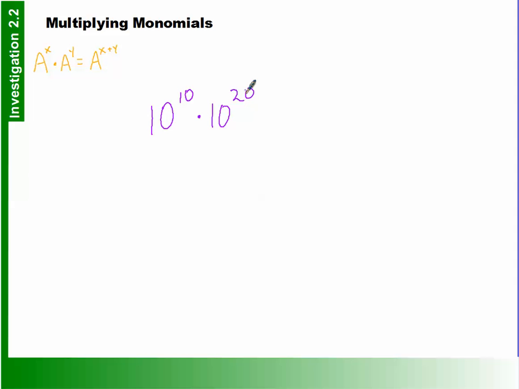I'm going to add them. Now, in this case, the base is 10 because we have 10 to the 10th and then 10 to the 20th. So this is going to be equal to 10 to the 10 plus 20 power. By the way, this is how you would show your work on your sheet. But 10 plus 20, well, I can do that, right? Yeah. So this is equal to 10 to the 30th power. And so here's the answer. So the rule is not really hard to apply.